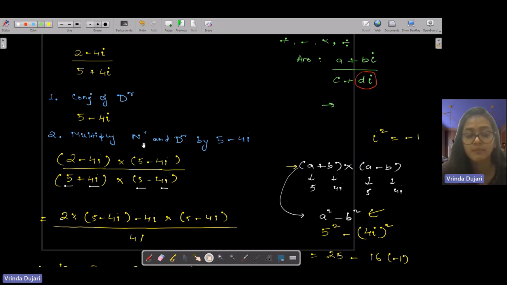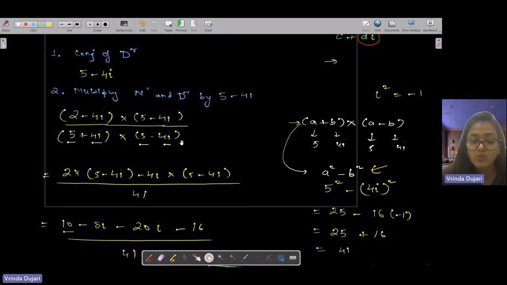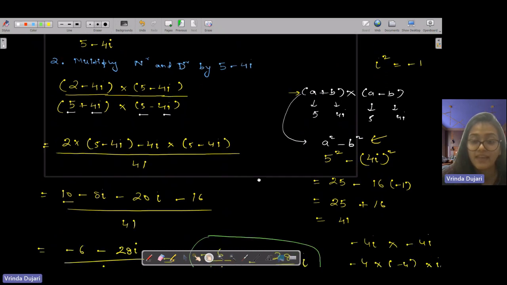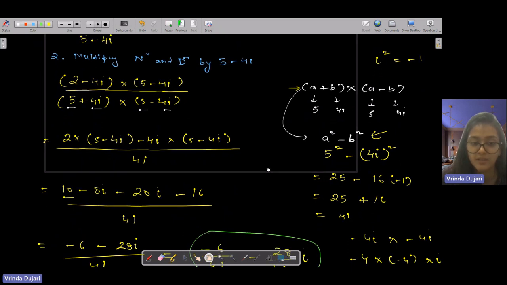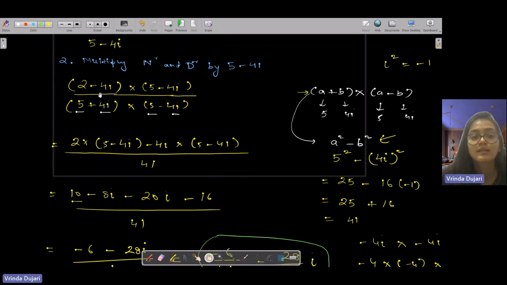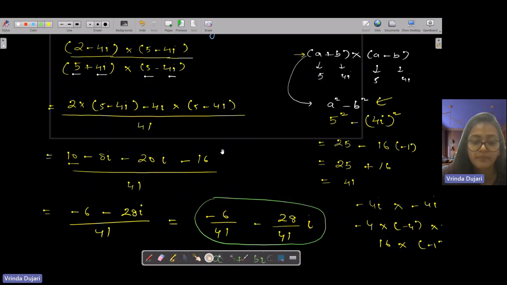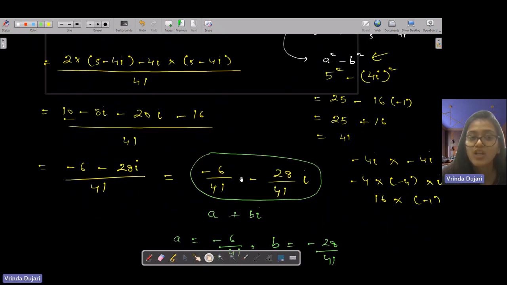We always multiply both numerator and denominator by the same thing, so I'm not changing the value of this term. And by doing this, in the denominator we get the square of the iota term because of this identity, and iota will always disappear, and we just have to simplify the terms in the numerator. And that's it. So this is how we divide two complex numbers.